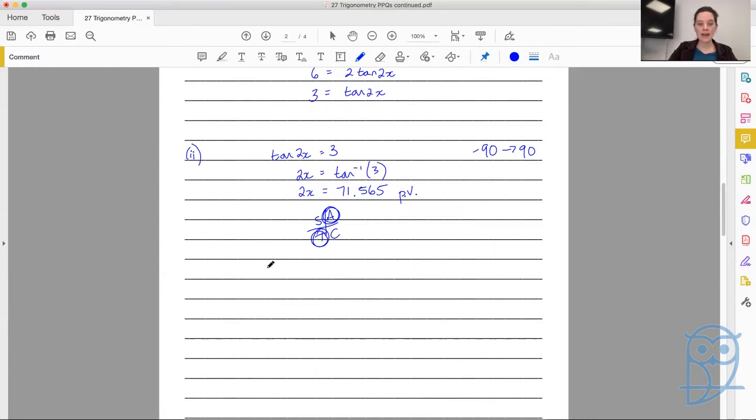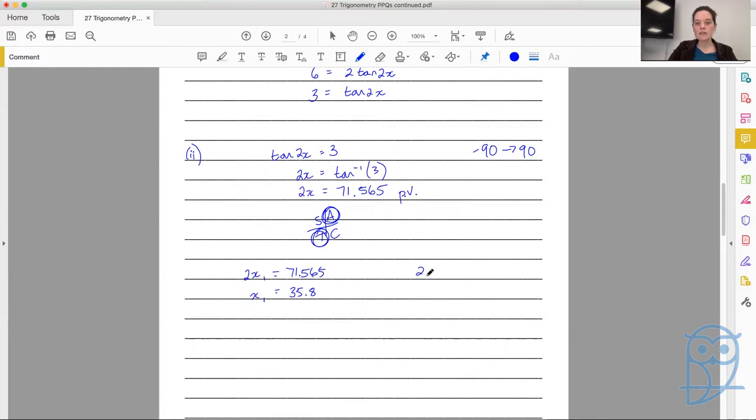Okay, so we have 2x1, so our first solution, but we're solving here for 2x, equals our PV, 71.565. So x1 is going to equal that divided by 2, which is 35.8.